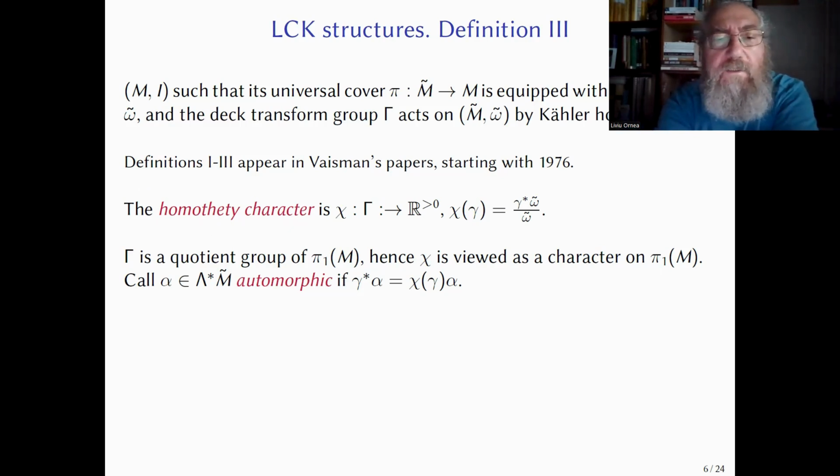There are homotheties, and each homothety has a scale factor, which is a positive number. You have this homomorphism, and it is important to understand its image in R plus.